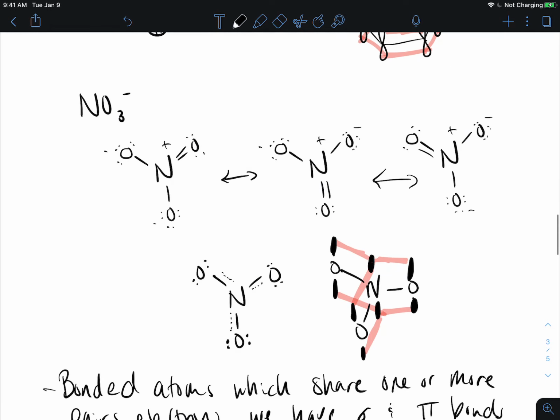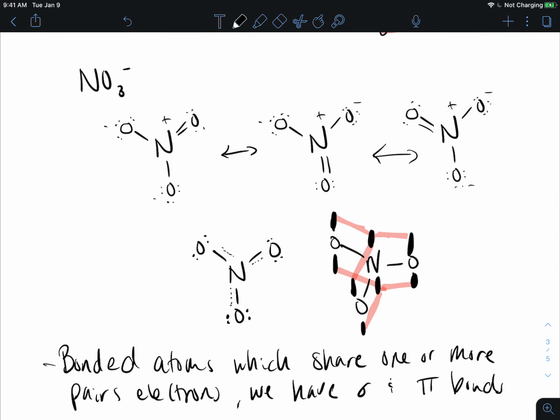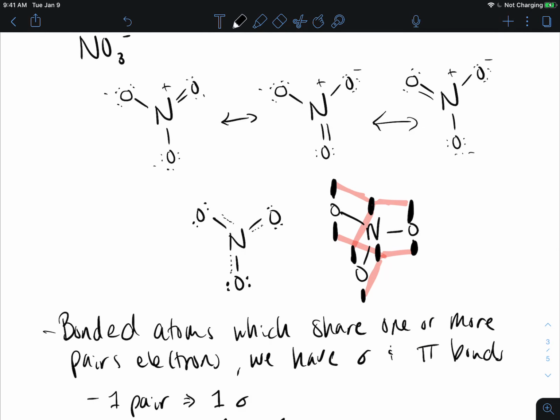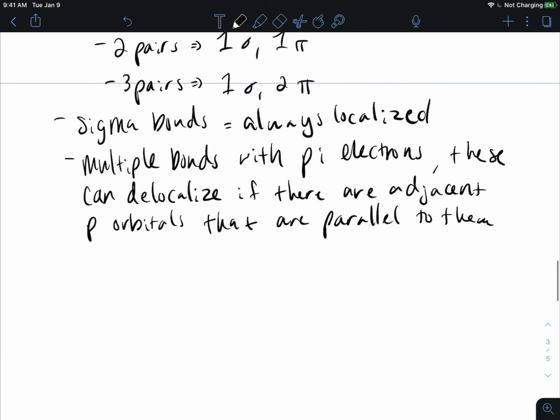So we see here, these are all parallel, so the electrons can move between all of these atoms, but they would be delocalized. So that would give us delocalized electrons. Okay, so that is about it for this.